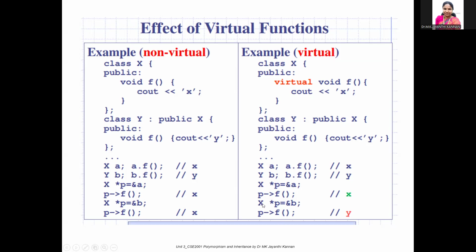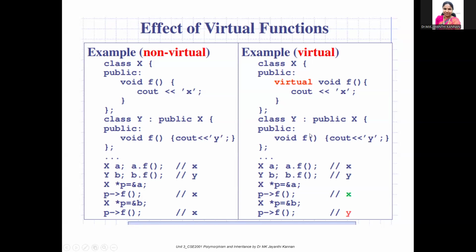Again, the pointer takes the address of b, where b belongs to the derived class Y. Because the address is accessed, the content of p equal to address of b is object b, so it will display y. Here you can easily understand the difference between the virtual function and the non-virtual function when used in dynamic binding.